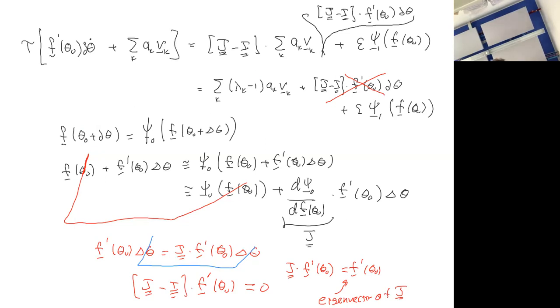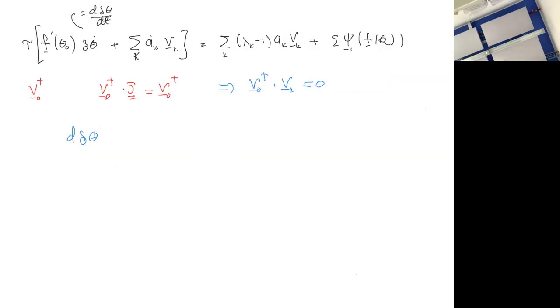So tau d delta theta dt equals epsilon v0 dagger dot psi 1 of f of theta naught over v0 dagger dot f prime of theta naught.